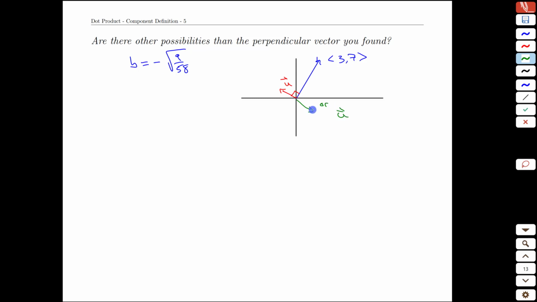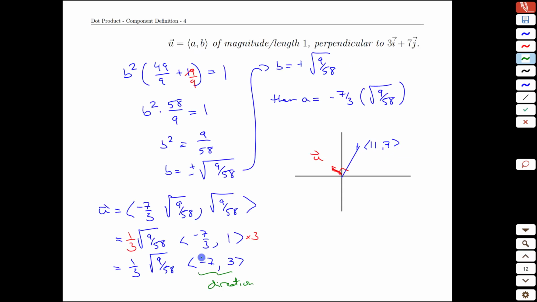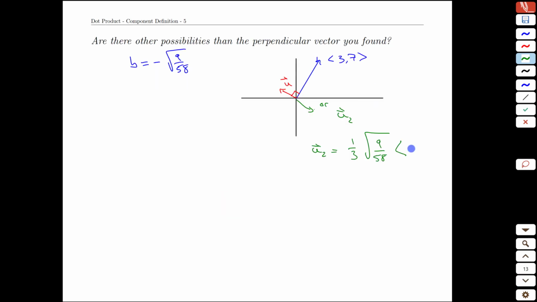So we could have also found the direction u in the opposite direction, which we can actually predict now. Let's call that u2. It would have been 1/3 square root of 9 over 58 times, going back a page, here we had negative x and positive y. What if we had positive x and negative y? That would capture that b value there, and that would be a perfectly good alternative perpendicular vector to the vector 3, 7 with unit length.